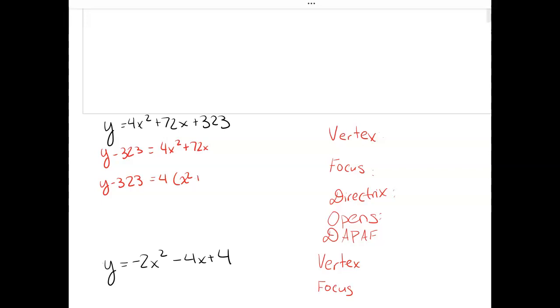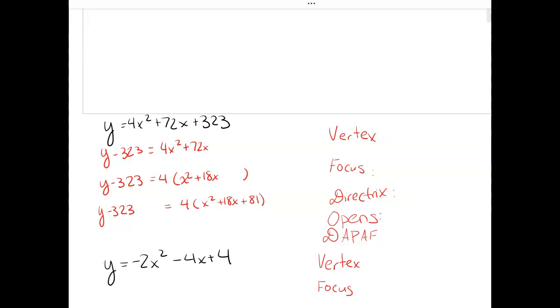plus 18x. Alright, and then leaving the gap. Now I just want to complete the square. So I've got y minus 323 is equal to 4 times the quantity of x squared plus 18x, and to complete the square I should get 81.